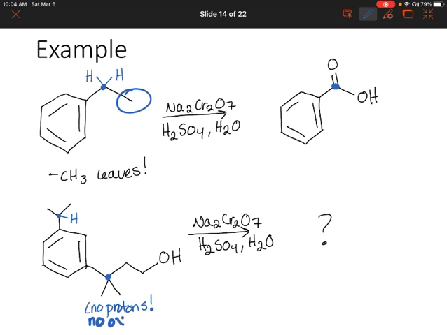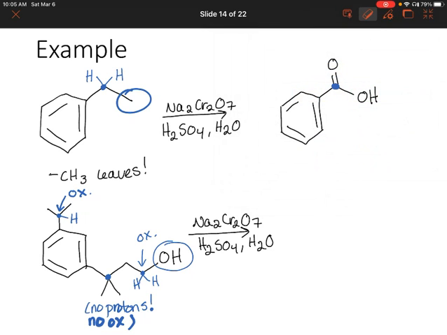So that means no oxidation will occur there. But do notice we have an alcohol, and we can perform oxidations on a carbon attached to an alcohol group. And that carbon does have protons. All right, so we do still have 2 oxidation sites. One is at the benzylic position for the first group. The other is actually down the chain at the alcohol.